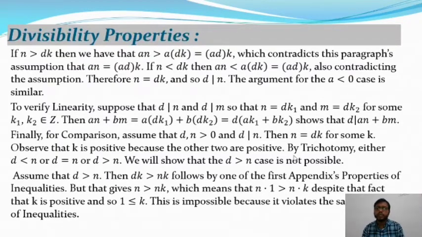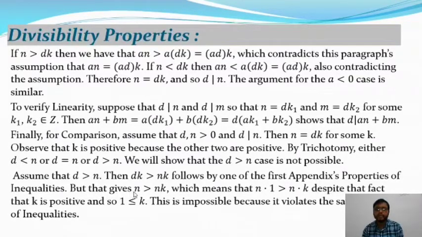By trichotomy, either d is less than n, or d is equal to n, or d is greater than n. We will show that the case d greater than n is not possible. Assume d is greater than n, and k is any integer greater than 0. Then dk is also greater than n times k, which follows from one of the first properties of inequality.